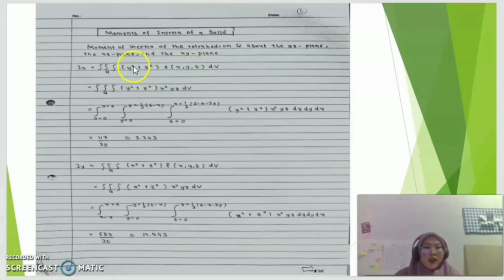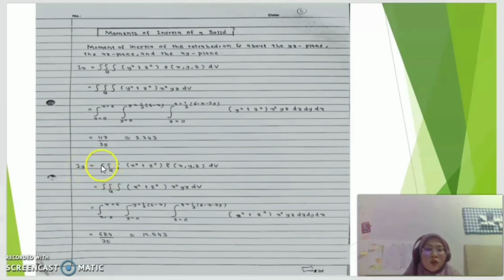For the moment of inertia about the x axis, we do a triple integral of (y² + z²) times rho(x, y, z) dV, using the same limits, and we got 117/35, which is 3.343.